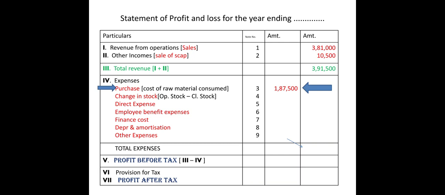Now the next entry. Now we will go in the order of the question. In the question there is salary at number 3. The salary amount is 78,000. Now student, you already know that salary is an employee benefit expense because we have to pay salary to our employees.